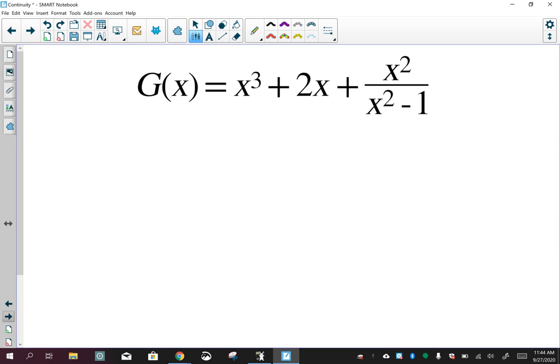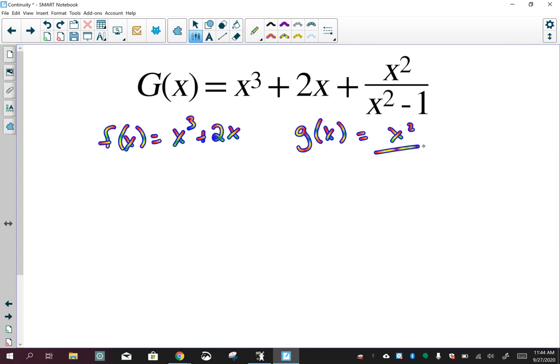All right. So let's take a look at what we just did here. Again, let my f of x equal x cubed plus 2x. And then I'm going to let my g of x equal x squared over x squared minus 1.